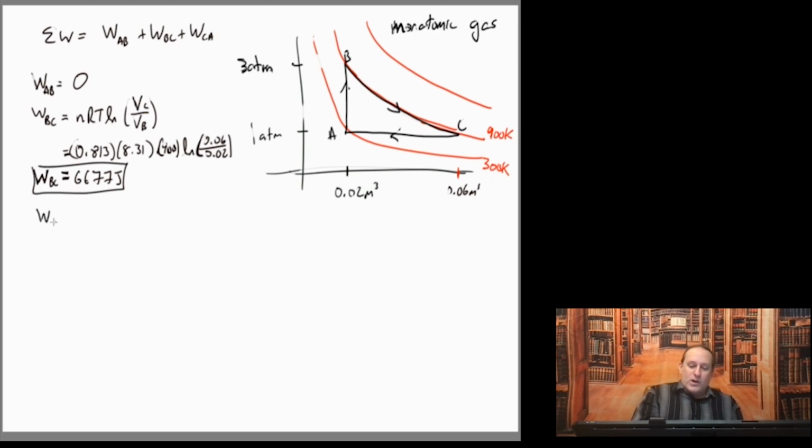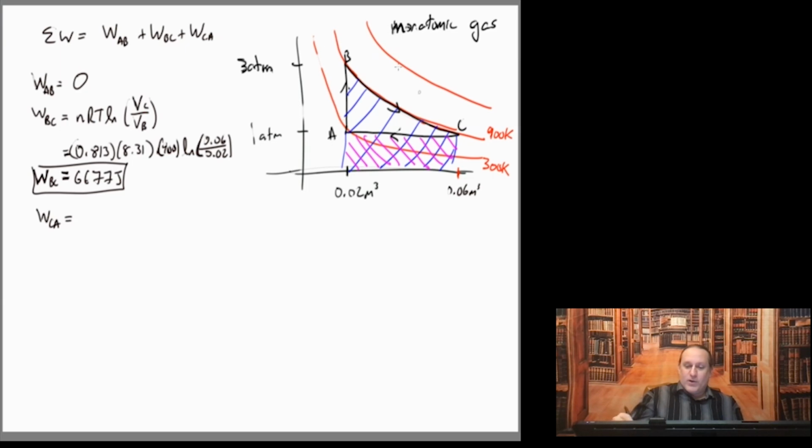And then we have to do the work from C to A. This one is pretty easy because it is isobaric, so we're really just finding the area. If we want to think in terms of areas, what we just found was the entire area underneath the line BC, and what we need to get now is the area of the rectangle from A to C, and those will cancel out.